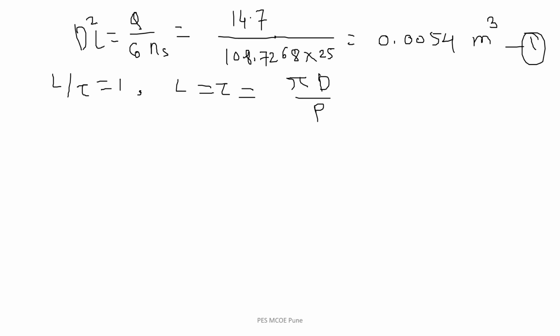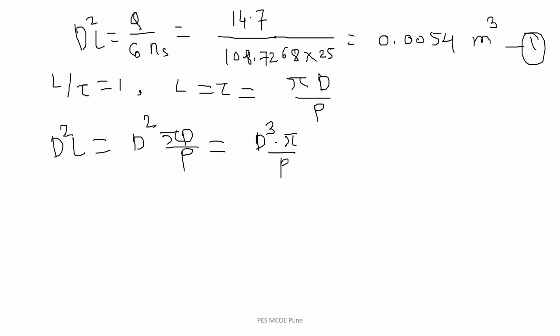You can get the value of D square L. So D square L is equal to D square, and we can replace L by the value of pi D by P. So your expression will become D cube into pi divided by P is equal to 0.0054 meter cube.